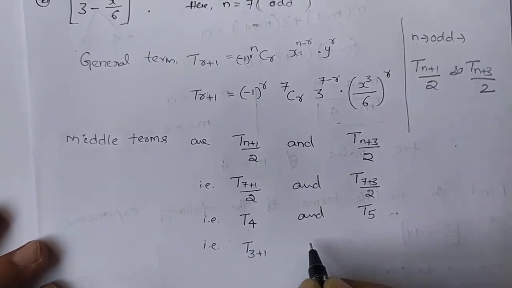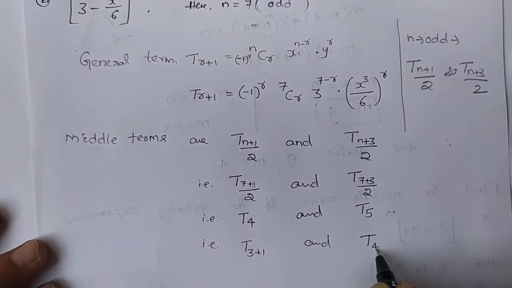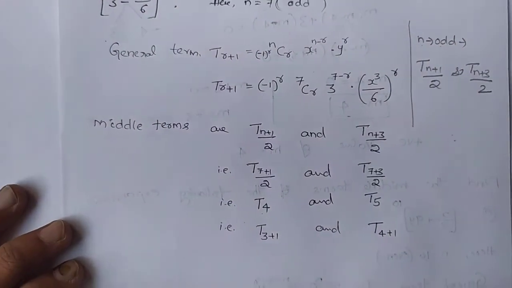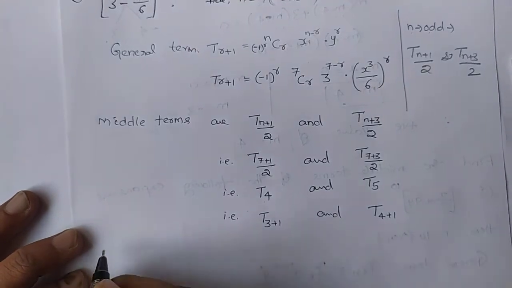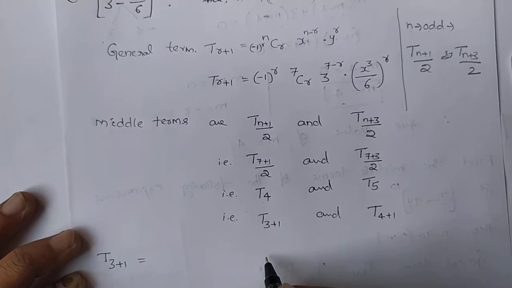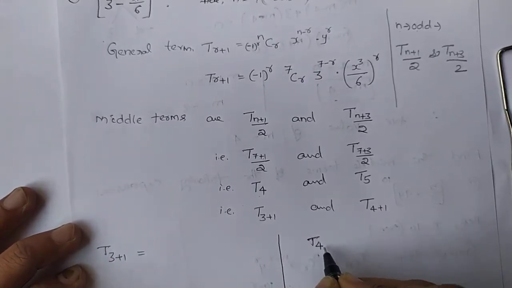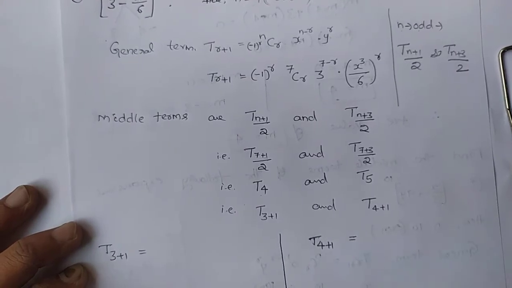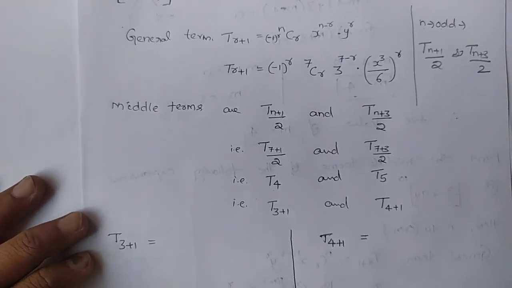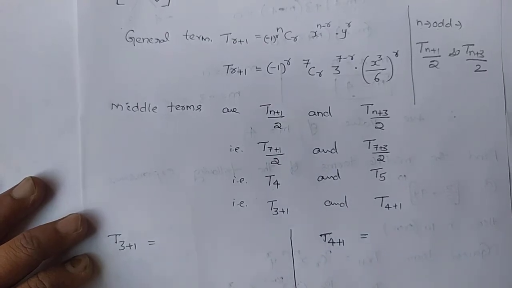T(3+1) and T(4+1). Therefore, T(3+1) is one middle term, and next, one more middle term, T(4+1). We have to find these middle terms.